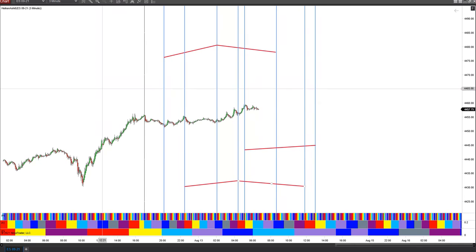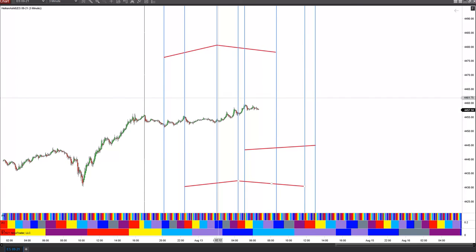So these are all the method 2 projections. So we'll take a look at these first, and then I'll drop the method 1 in right after that. I didn't want to confuse the chart since there's a lot of lines here already. So I'm able to get 2 projections off of the first one. So off the low, I've marked the vertical line. I draw the red trend line to tie it together.